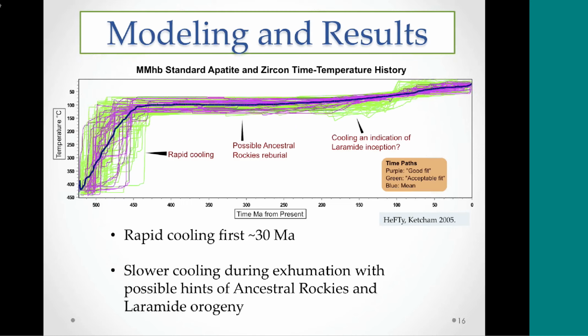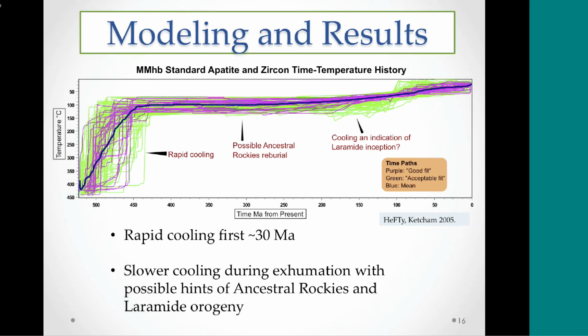Here's the actual model we were able to create using a program called Hefty, using the McClure Mountain Standard apatite and zircon time-temperature path. We have temperature on the y-axis and time on the x-axis. This is the point where the closure temperature of the minerals started.